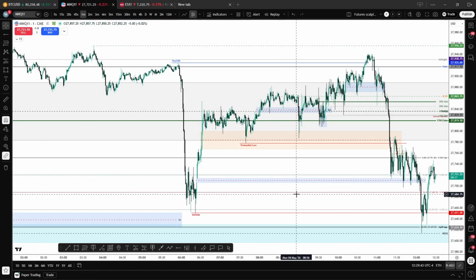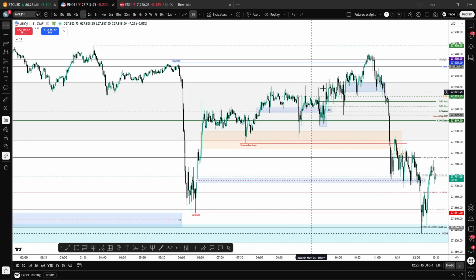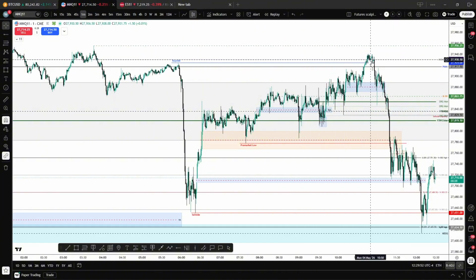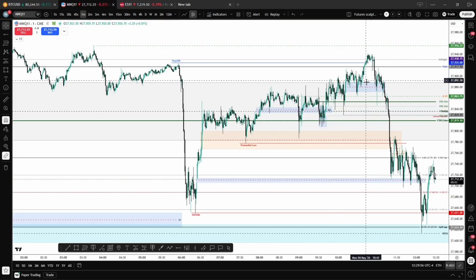Okay, I'd like to point out that I was looking for some sort of run on the buy side. The market did take out those highs eventually, but didn't break down until later in the afternoon during the 10:50 to 11:10 macro.